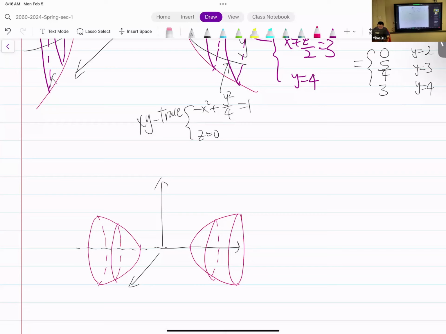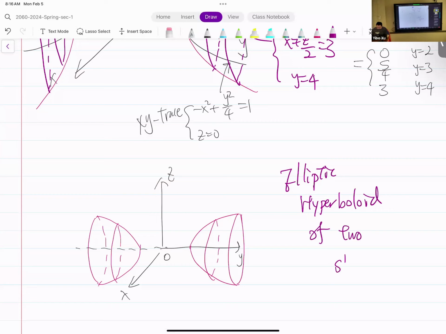If you want to quickly sketch it and make it look nice, this is the elliptic hyperboloid of two sheets. It has two pieces.